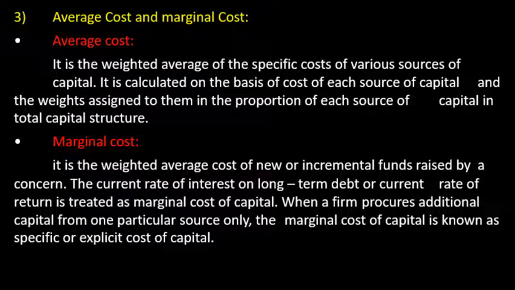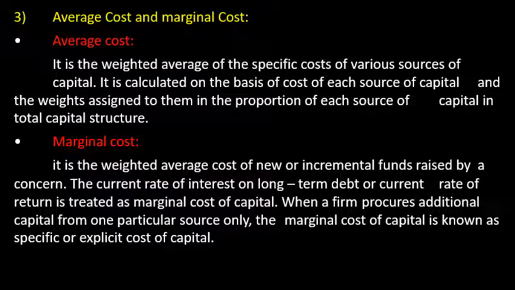The capital structure includes debt and equity, and the cost of debt and equity is called a specific cost. The average of equity, preference, retained earnings, and debentures or bonds is called the weighted average of specific costs.